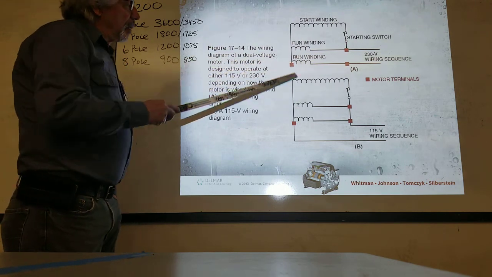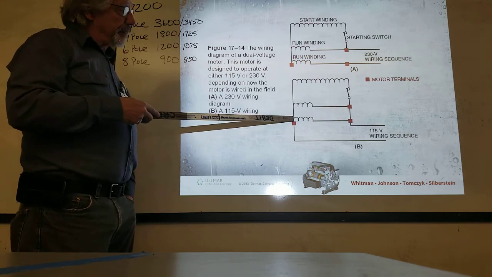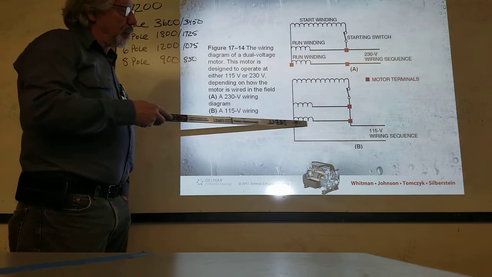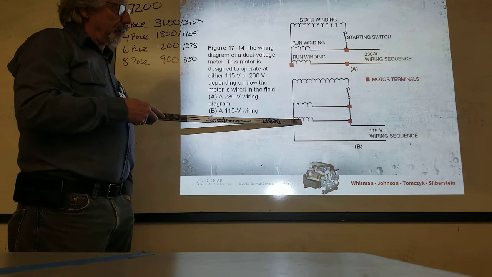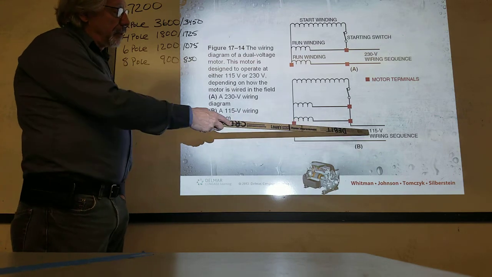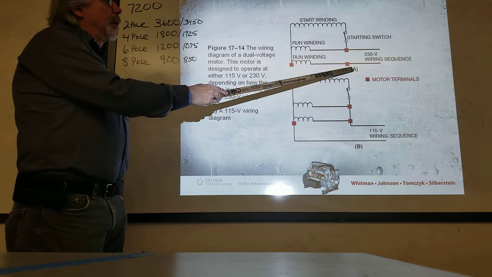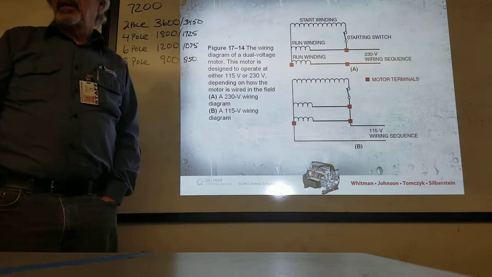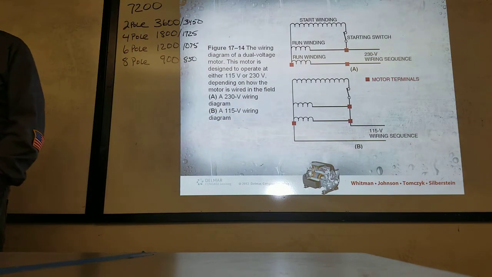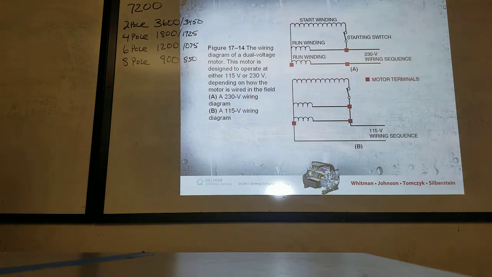In parallel, the voltage stays the same. So these are in parallel, so they're actually 115 volt windings. They're wired in parallel for this voltage, and they're wired in series for the high voltage. That's one type of dual voltage.